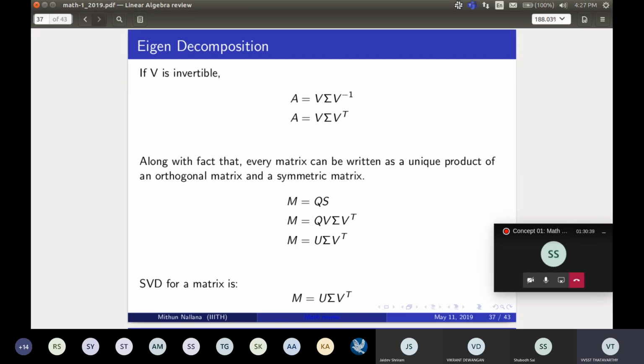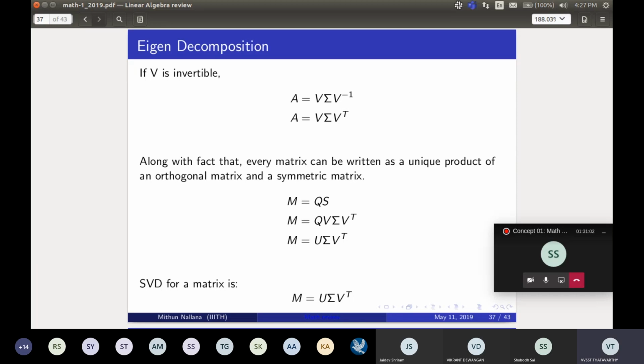And you can decompose a given matrix into other matrices also. Say Q is an orthogonal matrix. We have already defined what an orthogonal matrix is: it will have all its columns orthogonal, so if you take the dot product of one column with another column of the same matrix, you get zero. That is Q, and S is a symmetric matrix.